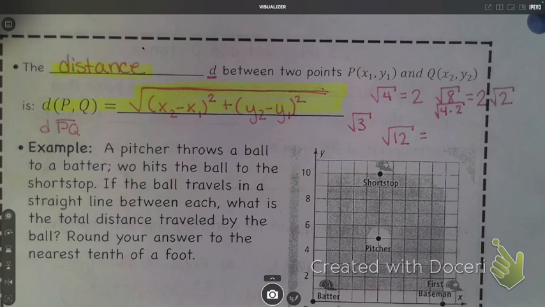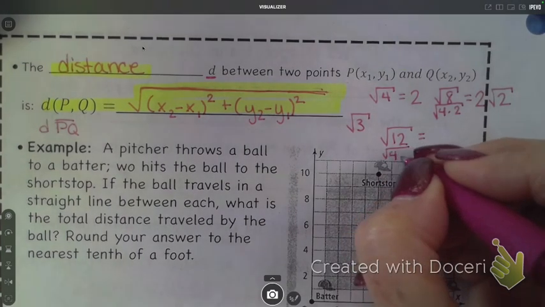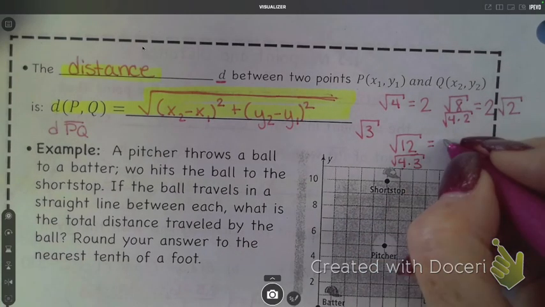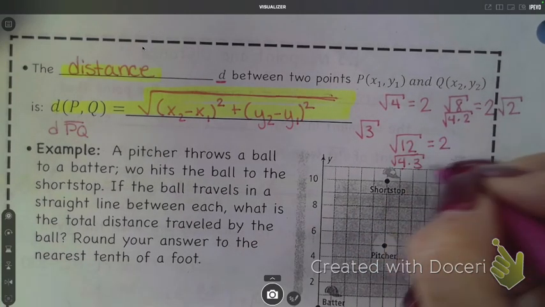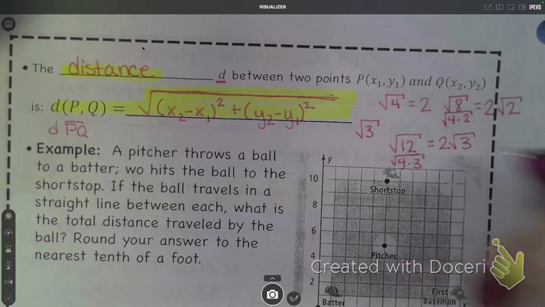Is there a perfect square times something to get 12? 3 times 4, right? So it's the square root of 4 times 3. Well, what's the square root of 4? 2. Square root of 3 have a square root? No. So it's 2 square root of 3.